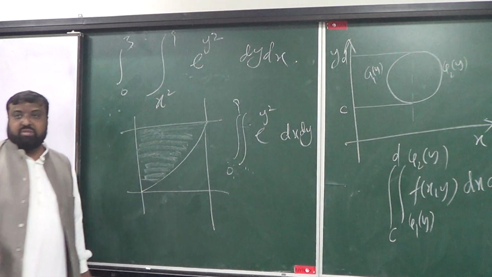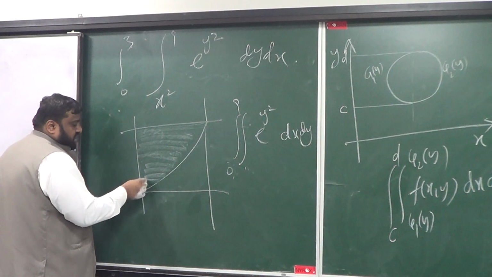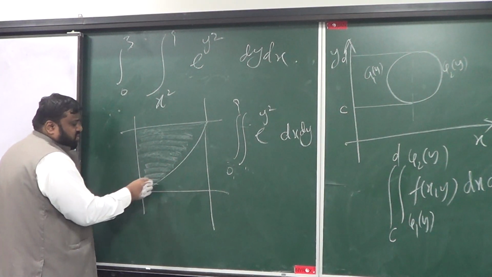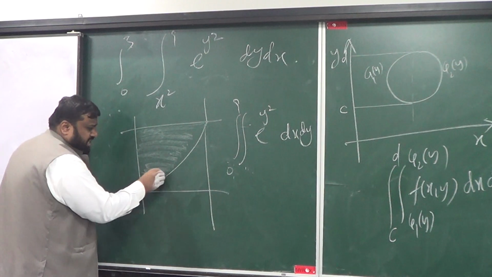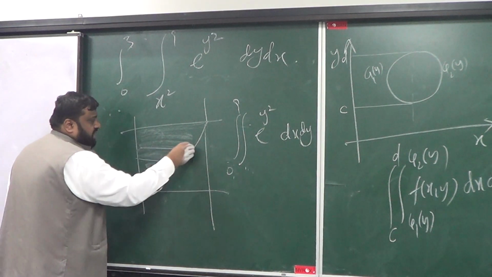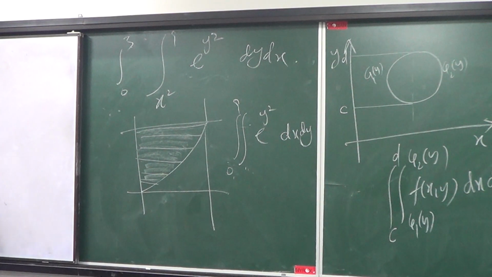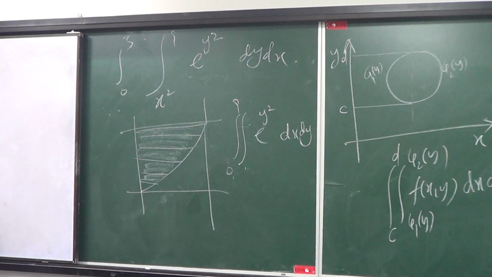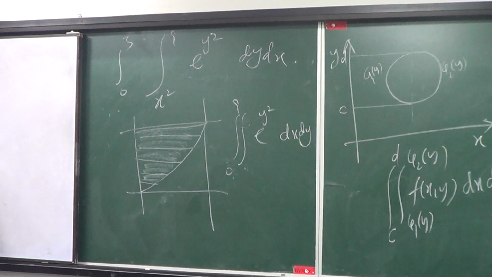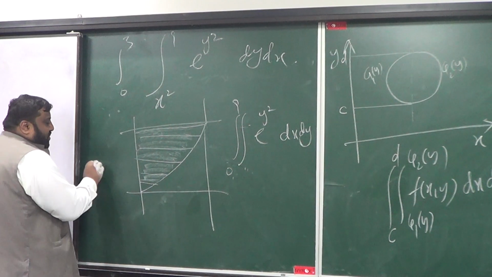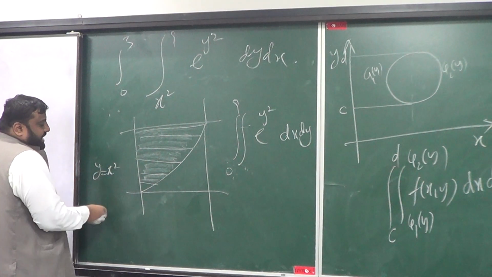How about x? Horizontally, I am going from x equal to 0 to this curve. Since y is equal to x square, the question is what x would be.